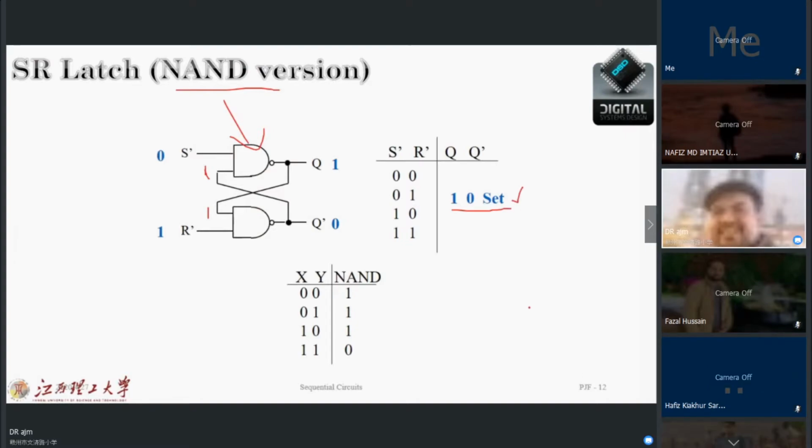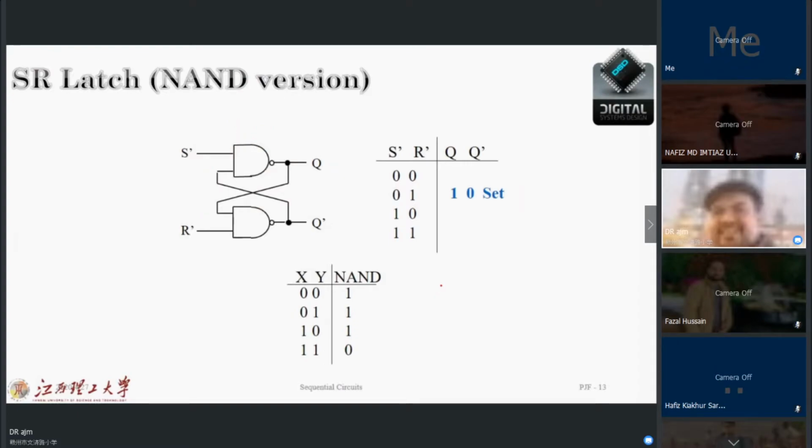We call this state set. Okay, next situation. If S is equal to 1 and R is equal to 0, and we have Q as 1, this 1 again goes here, 1 and 1 NAND is 0, then 0 will go there. 1 and 0 NAND is equal to 1.